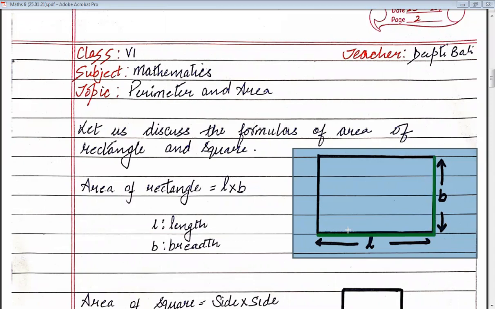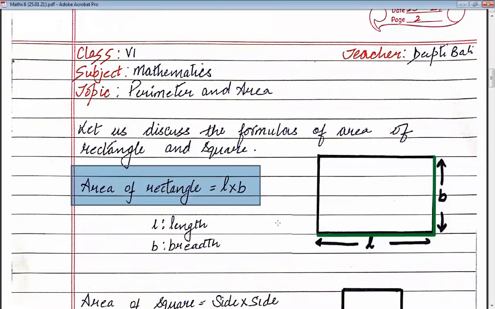This one is the length of the rectangle, and this side is known as breadth. So, children, the area of a rectangle is very easy. That is length multiplied by breadth. You just have to multiply the given length with its breadth. That will be your area of rectangle.